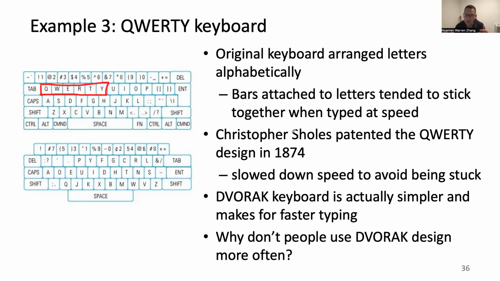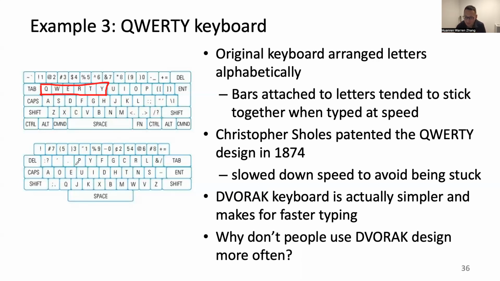I don't know whether you have wondered why the layout of the keyboards is not ordered alphabetically. If it's alphabetically ordered, it's much easier for you to learn. Now everyone, I think, is familiar with this keyboard. You can type it relatively fast, but it's actually quite difficult for any one of us to learn. So the original QWERTY keyboard was invented to solve a technical issue.